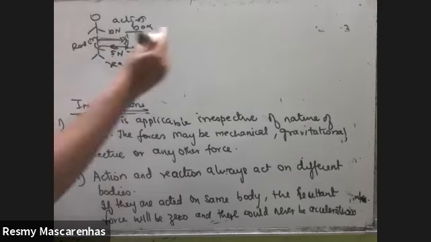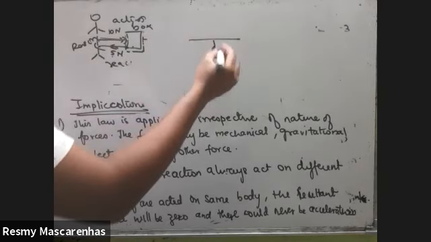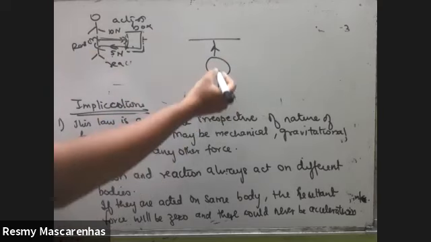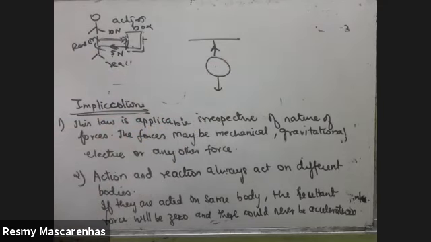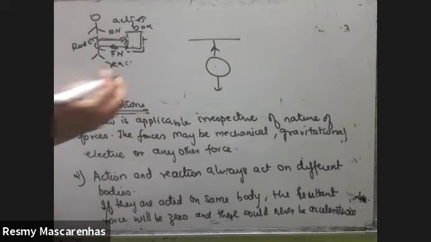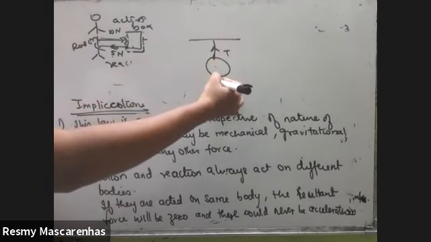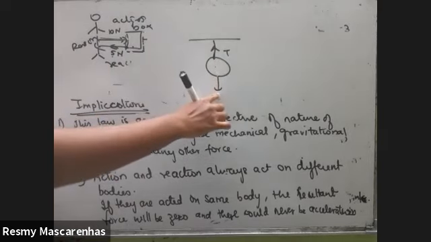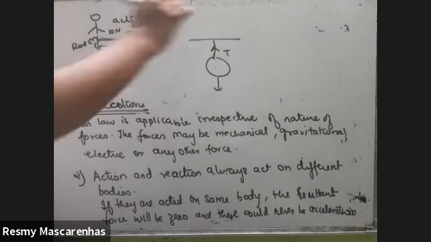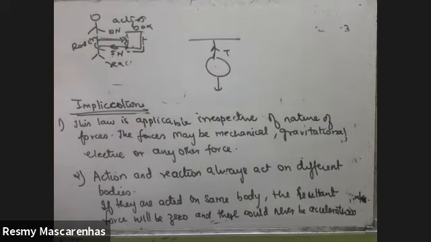In this case, this is coming from the same body. The hanging one, tension, this is also from the same body. Action is also from the same body, reaction is also from the same body. Now what is happening?